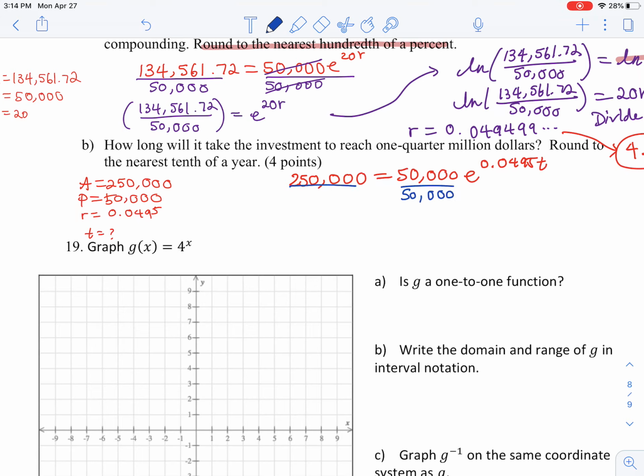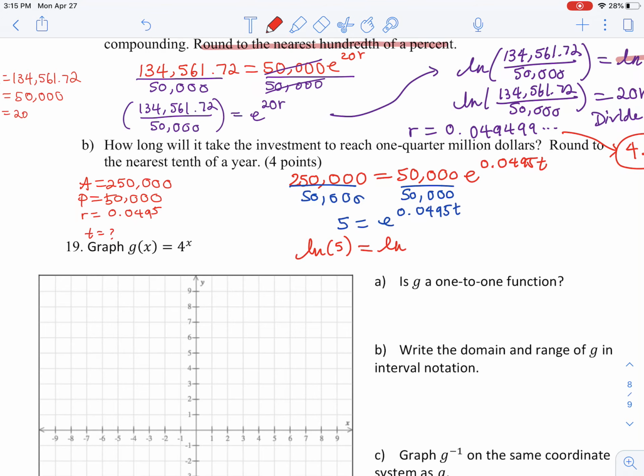Divide both sides by 50,000. Divide by that constant. So what is 250,000 divided by 50,000? That gives you 5. So we're trying to get 5 times our original investment. 5 equals e to the 0.0495t. Now what do you do to both sides? Now take natural log of both sides.